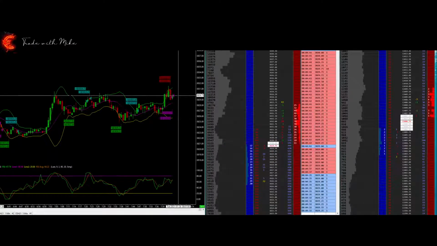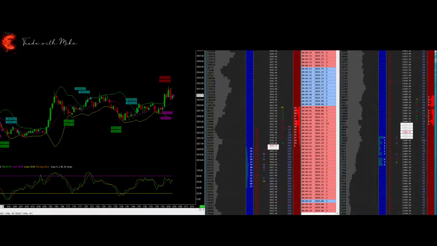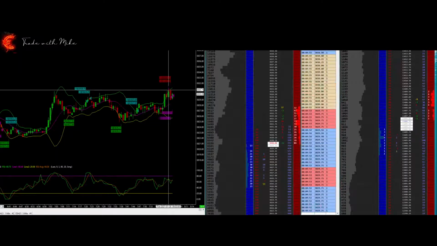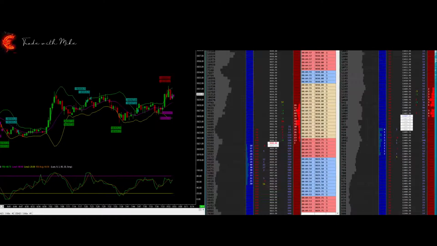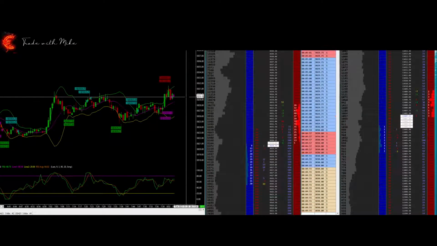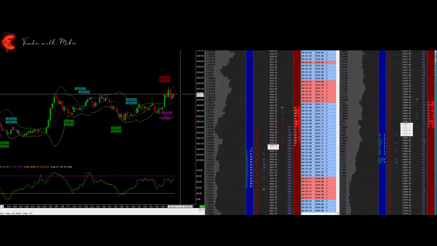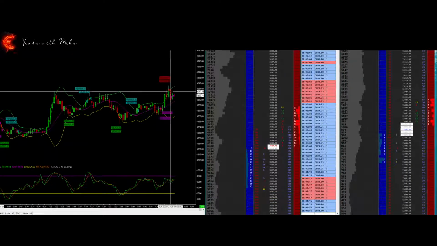So I took 4 and 5 ticks, which is okay. But that was quick. That's what I like: when I open a trade and it goes straight where I want it to go, quick in and out. Thank you, goodbye. That's what I really like.